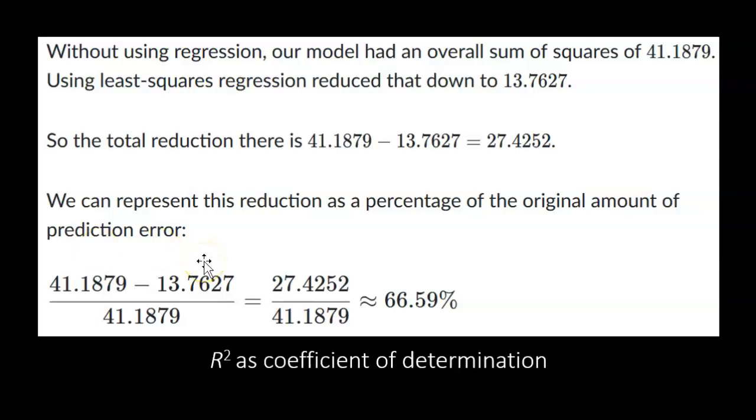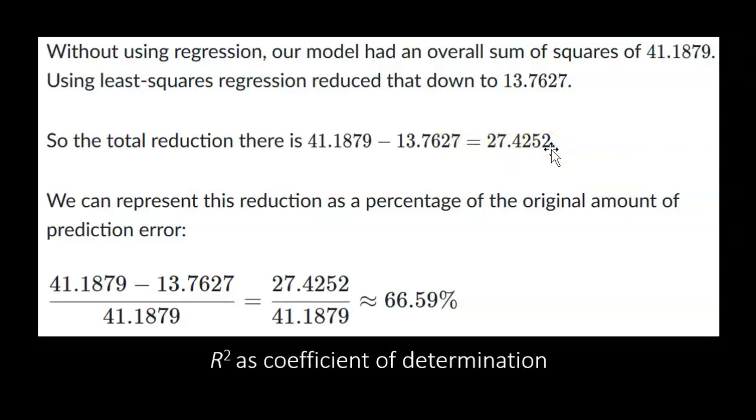So here, as you can see, if you don't use regression, then initially we started off with the 41.2 overall sum of squares. But if you use the least squares regression methods, then that sum of squares reduces to 13.8, which is not bad, which is pretty good. So the total reduction, what is the total reduction? It's 27.4.